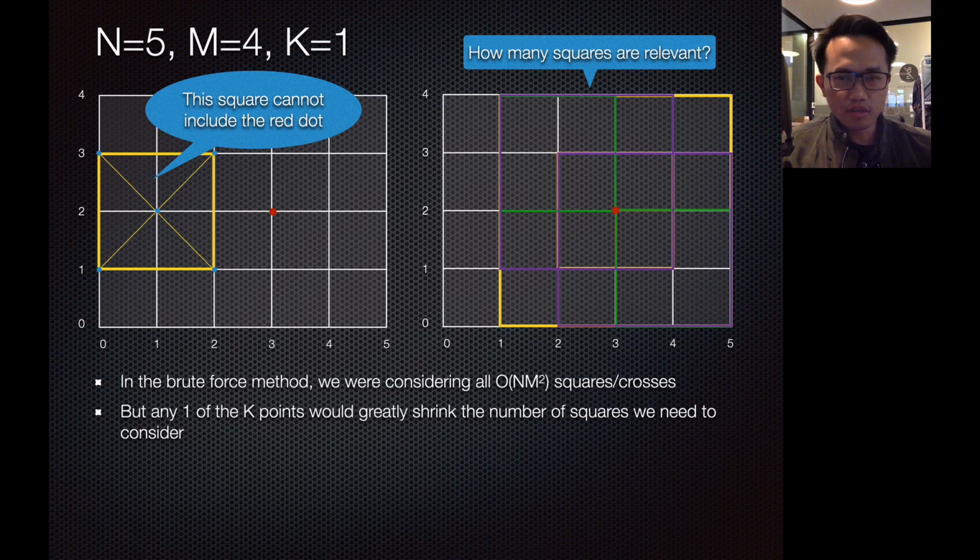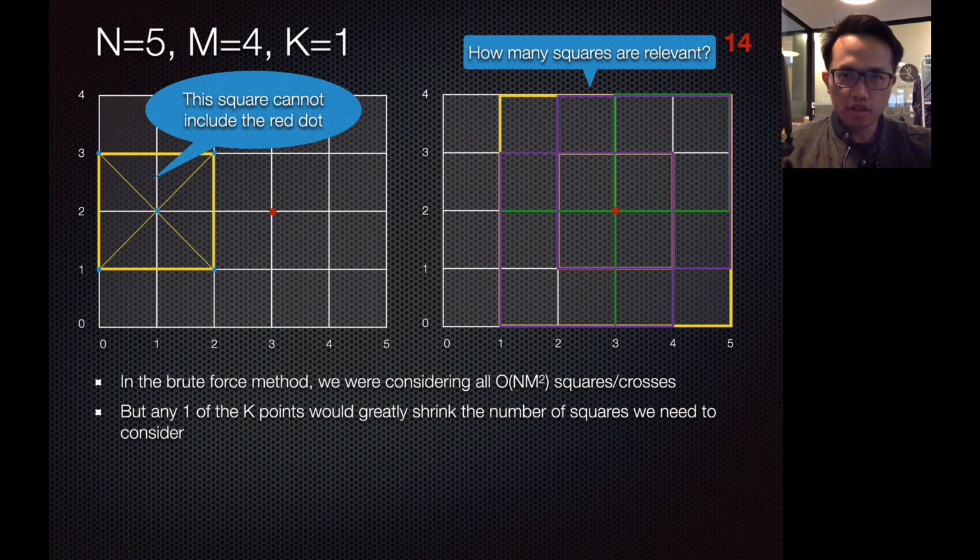So those 6 squares are also relevant because the red dot also lies on their diagonals. Now let's look at the other diagonals. You see the symmetry here? Now those six are also relevant. So that's a total of 14 relevant squares.